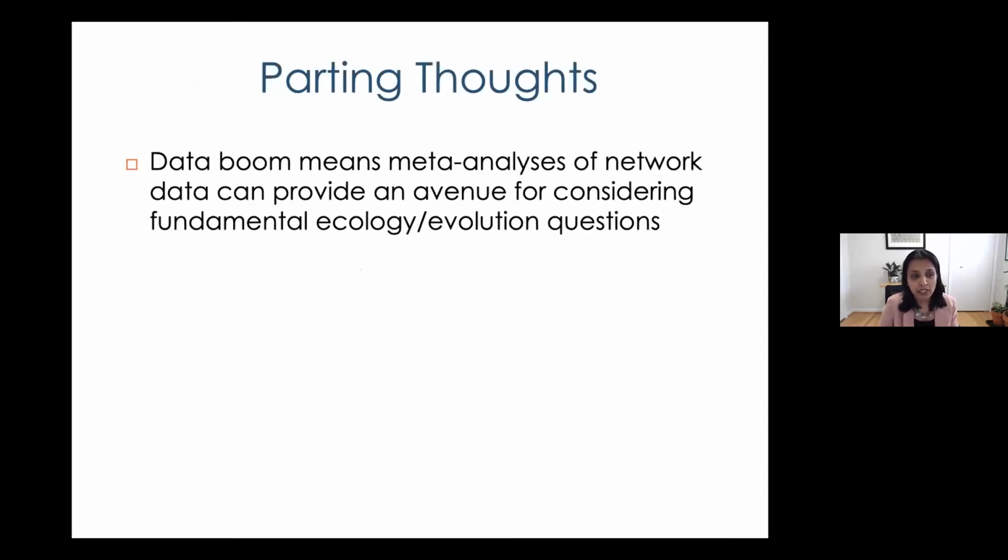So, since I'm almost out of time, I want to leave you with two parting thoughts. One is that the data boom in behavioral ecology has opened doors for meta-analytic work with network data, and it is providing an avenue for us to consider some really important and fundamental questions, not just in disease ecology and evolution, but also general behavioral ecology and evolution questions.